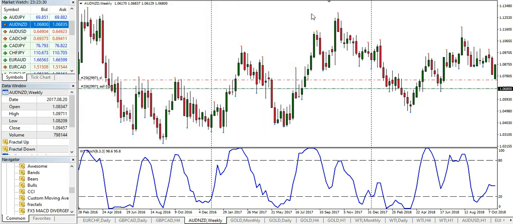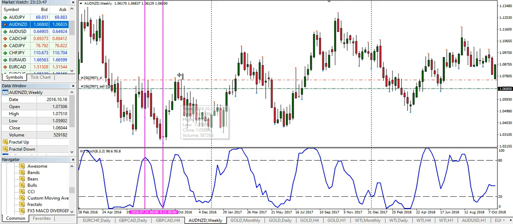Okay. Here it is. When it is in the buy zone, we bought, the market went up. When it is in the sell zone, if you sell, the market went down. And you see this over and over. It's in the sell zone here, then the market went down, right?